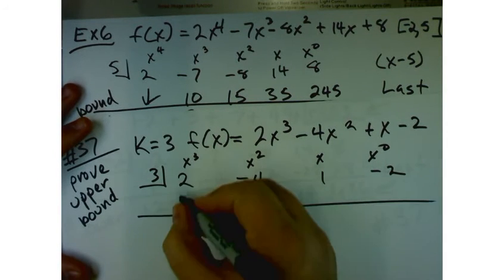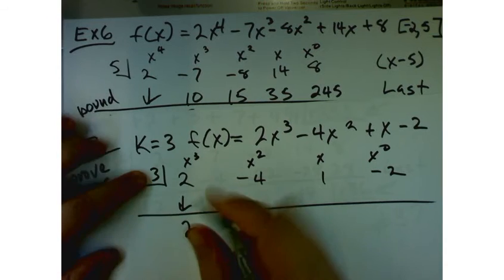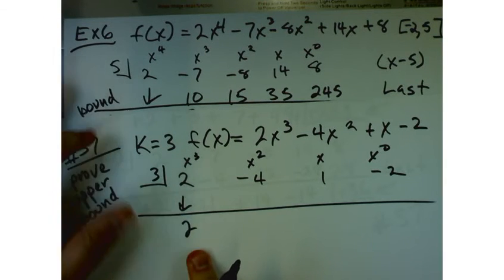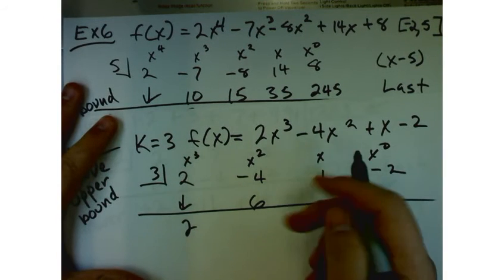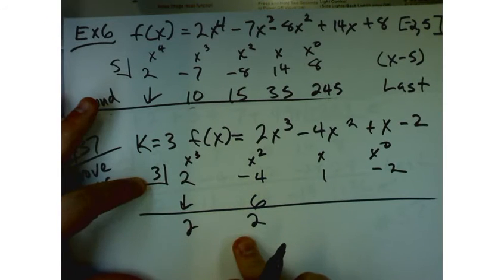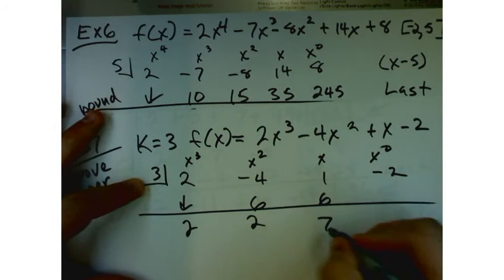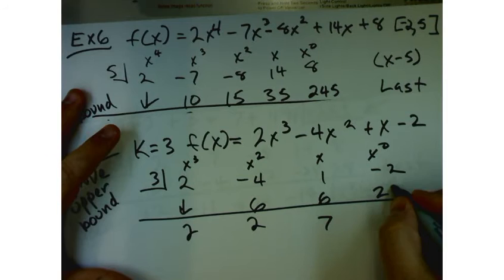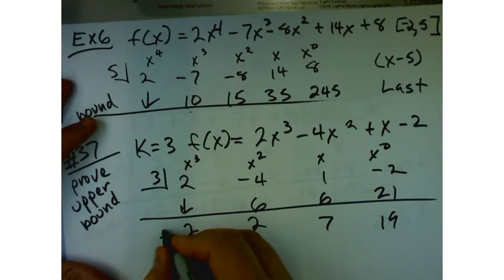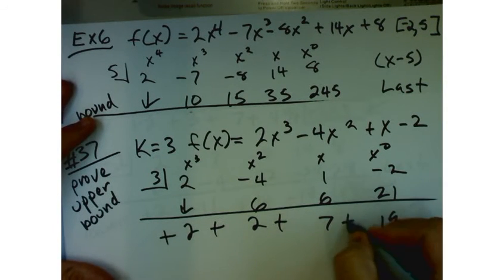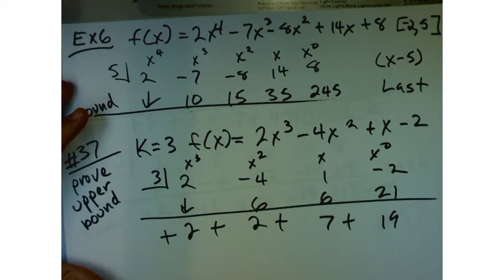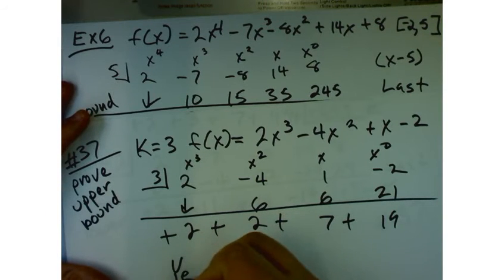Drop down the 2, 3 times 2 is 6. Add these up, I get positive 2, 2 times 3 is 6 again, 7, 21, 19. Are all of these positive? Yes, that's the upper bound.